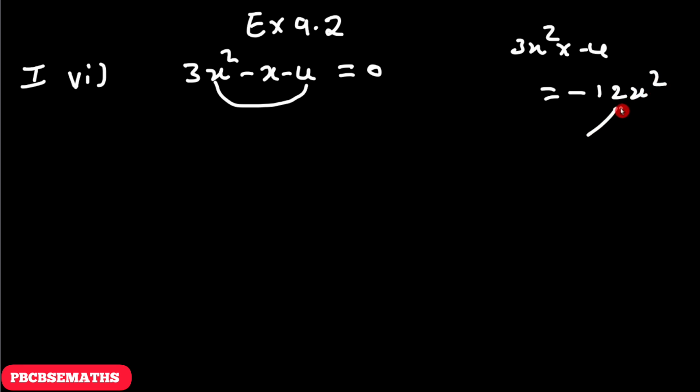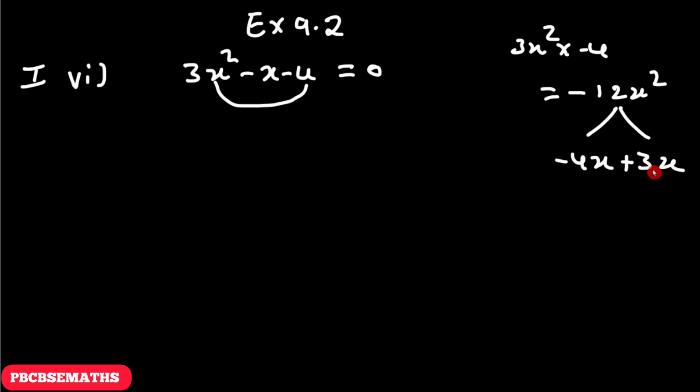Now, we need two terms whose multiplication gives this minus 12x square, and whose addition gives us minus x. In that way, the two terms are minus 4x and plus 3x. Minus 4x plus 3x gives us minus x.